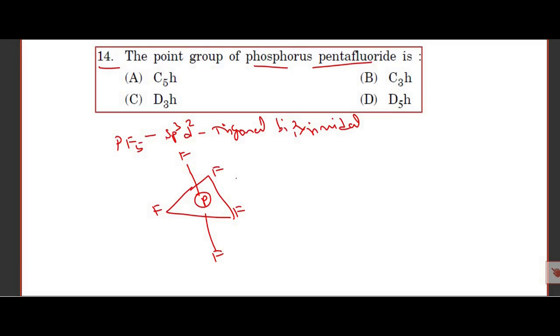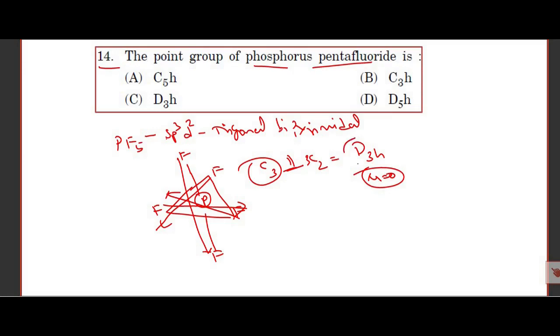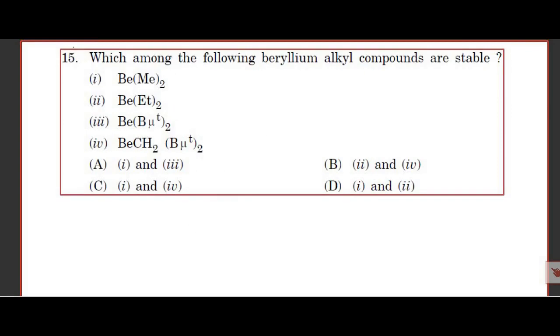Here it contains the C3 axis, and it contains three C2 axes. These three C2 axes are perpendicular to this C3 axis. Hence it shows D3h point group, where the magnetic moment is 0. Option C is correct.